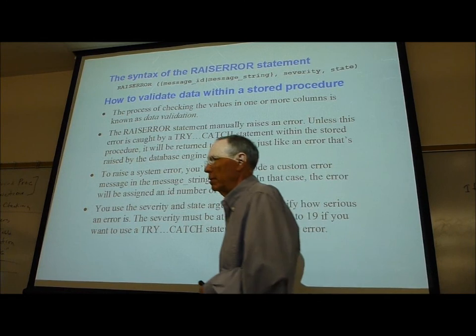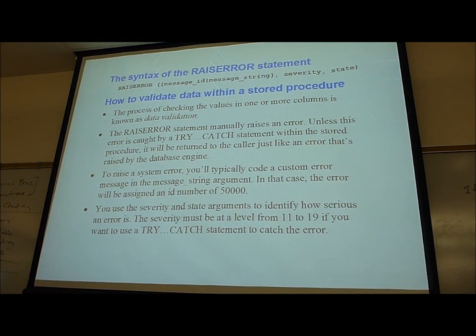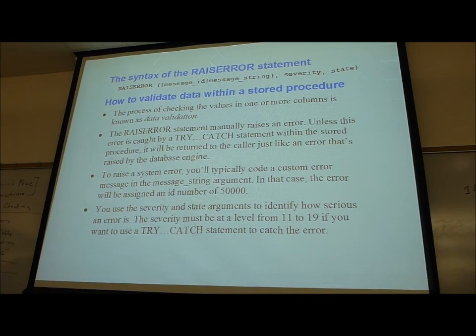Our stuff is mainly due to some kind of logic error or validation error that we can't handle in the script, but it can be handled by our program. It's not system type stuff. If you want to use this, you've got to put that 50,000 and that 11 in. So we'll just go along with it.